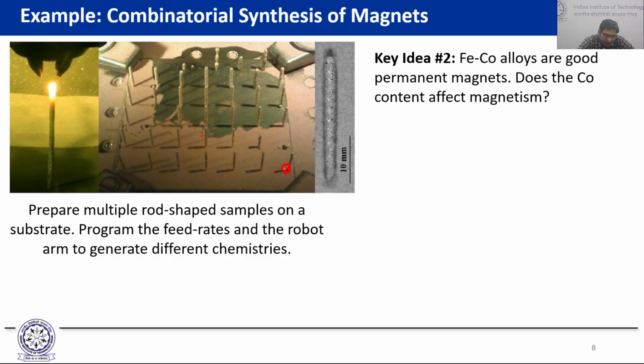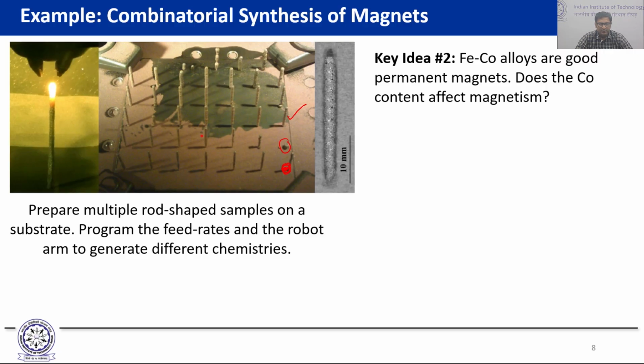And they start with a point, and then as they deposit more and more powders, the small speck with which they start will eventually grow into rods like this. So in order to do this, you have to program the feed rates for the different powders, because there has to be a certain pattern with which you are feeding the powders.